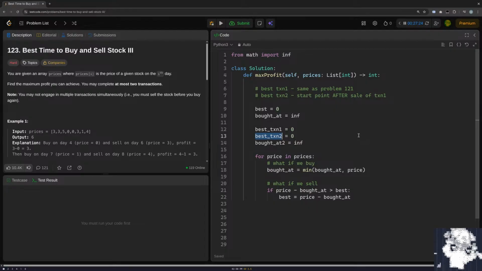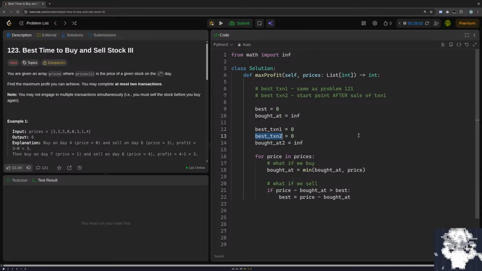It's not always the best transaction that happens after the overall best transaction so far, because you might have to split the overall best transaction to get the answer.